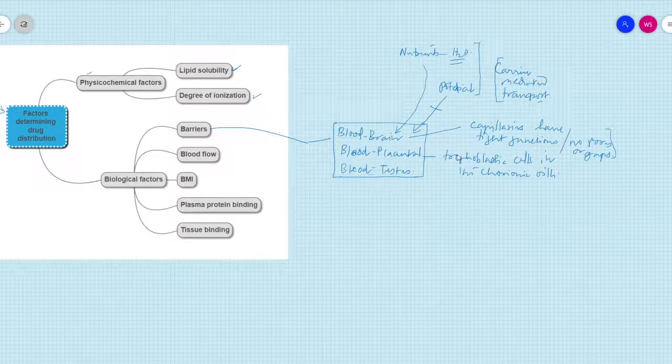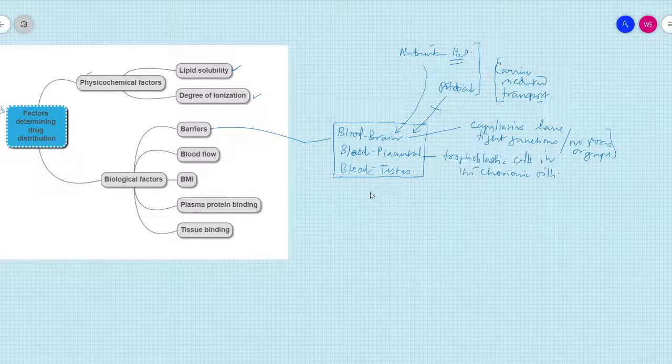Similarly, there are barriers in the blood-testes as well. So those are the most important things to remember about these barriers.